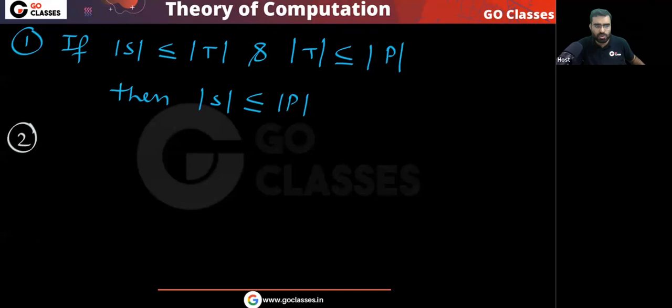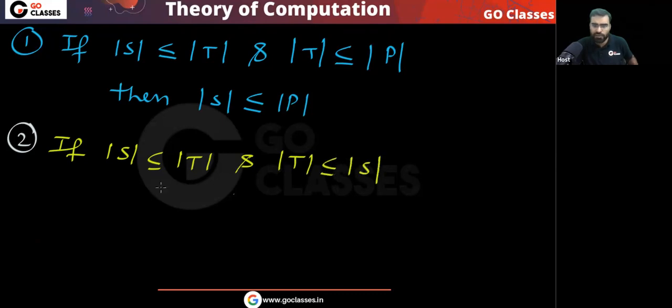Also this is true: if the cardinality of S is less than or equal to the cardinality of T, and the cardinality of T is less than or equal to the cardinality of S, then in this situation, what can we say?